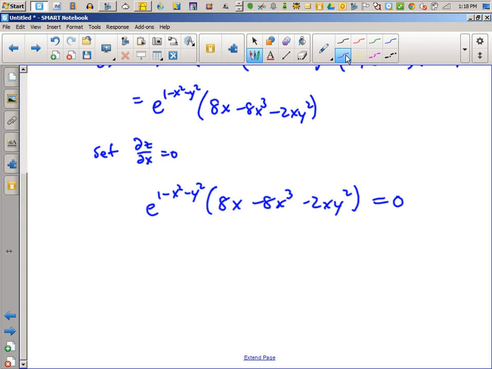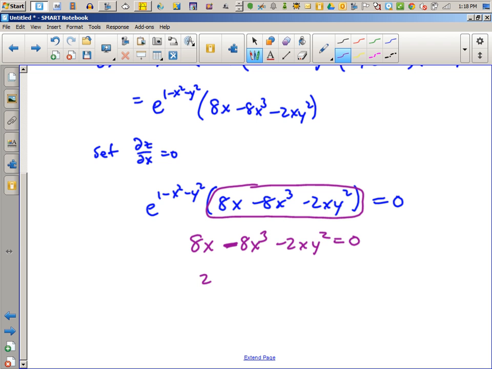But if a product is 0 and one of the terms is exponential, then it's going to be the polynomial's fault, right? So this is the expression that's 0. Okay, so hang on to this for a minute. 8x minus 8x cubed minus 2xy squared equals 0. Maybe you could factor out a 2x or something if you want to. Okay? I think I'll just leave it.